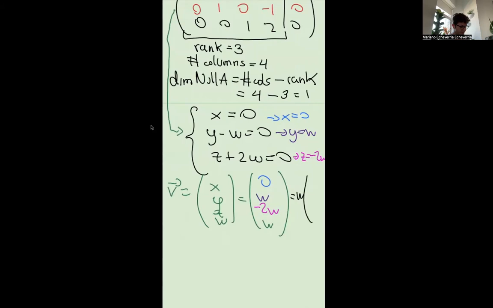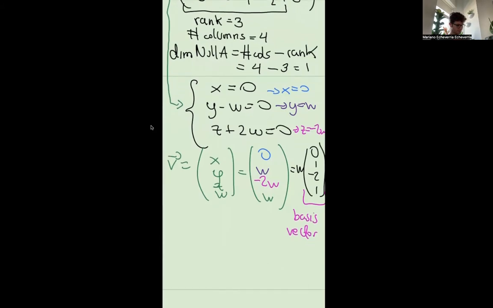It's w times something. So everything is a multiple of this vector. So the basis is this vector v1. So this is the basis. Is that making sense?